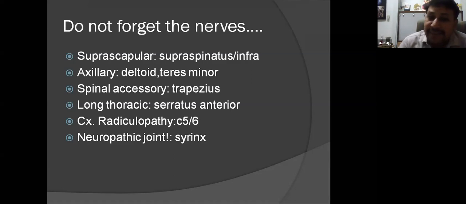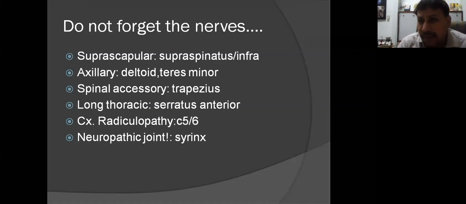You have the spinal accessory, which supplies only one large muscle, the trapezius. You have the long thoracic nerve, which goes to the serratus anterior. And then two other situations which are related to the cervical spine: a C5, C6 pathology, and occasionally a neuropathic joint.